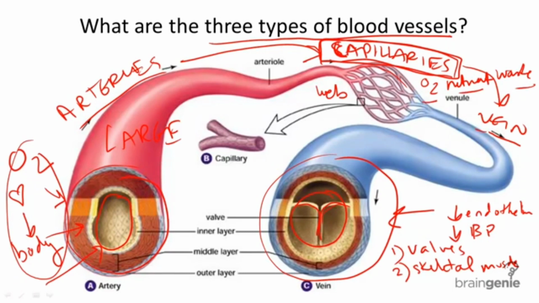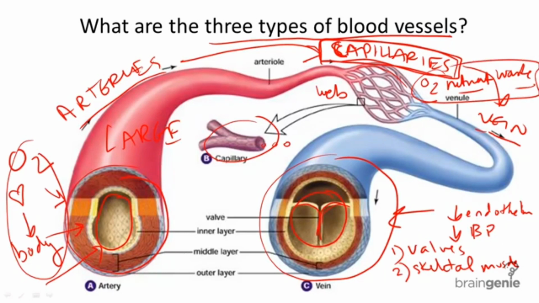These vessels are so small that red blood cells can only move single file through them, and the walls are only one cell thick. This makes it easier to exchange materials in several parts of the body at any given moment.